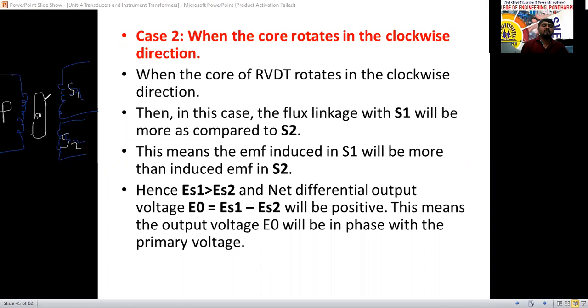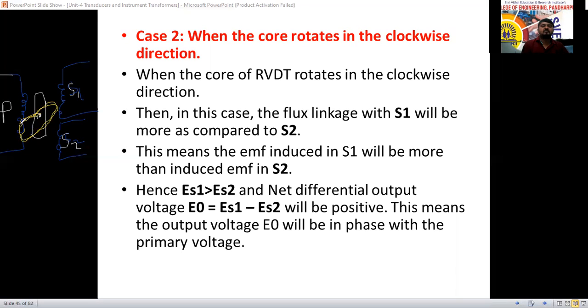So whatever the pointer is there, this coil is going to move like this. I'll take another color, yellow. In the clockwise direction, it is going to move like this. The middle core which is connected, is it nearer to S1 or nearer to S2?